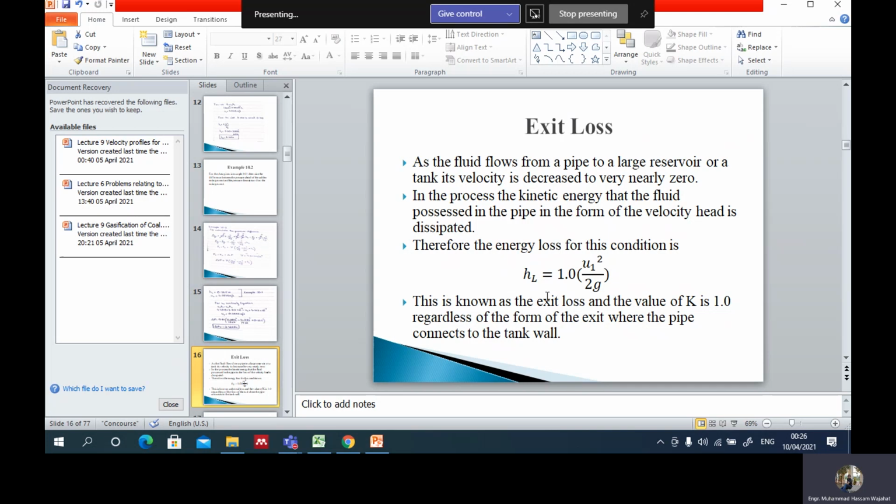That means that in exit loss, the flow is just from a small pipe into a large reservoir. Because of that flow, your resistance coefficient in an exit loss is always considered to be 1. तो आपने resistance coefficient ढूंढने की जरूरत नहीं है. All you need to write as HL is nothing but 1 multiplied by U1 square upon 2G.